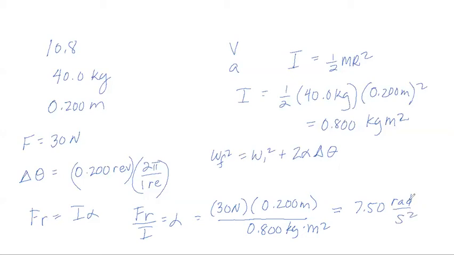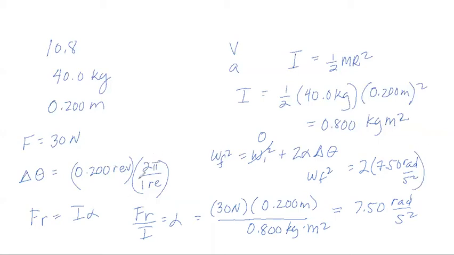All right, now to solve for omega, we know this guy is 0. So omega final squared equals 2 times 7.50 radians per second squared times this value.